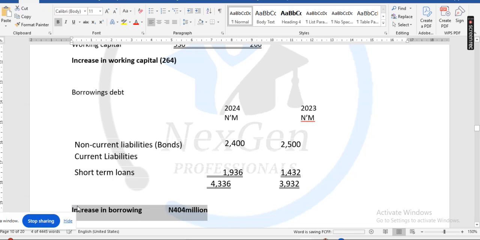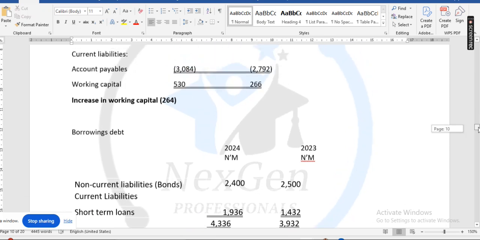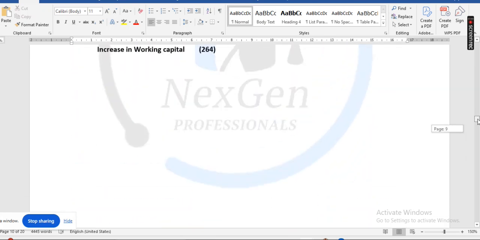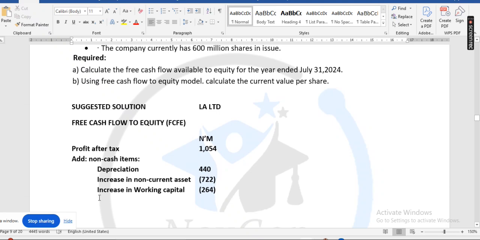It will increase your cash flow, right? So we go back and check. 404, increase in borrowing.